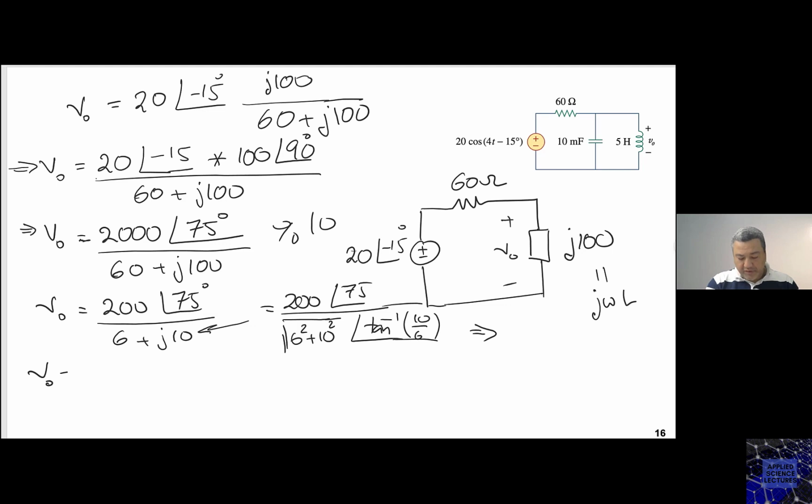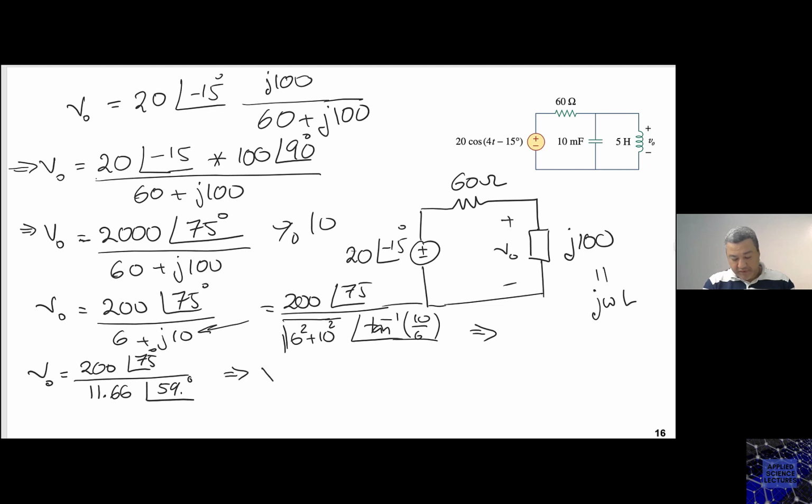V naught equals 20 divided by 11.66, tan inverse 10 over 6, which is 59 degrees.